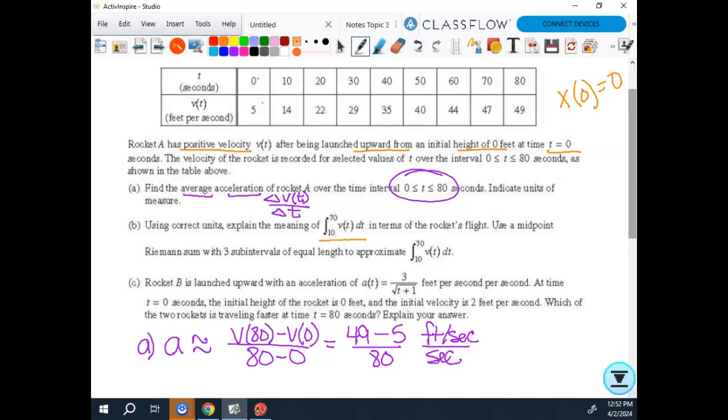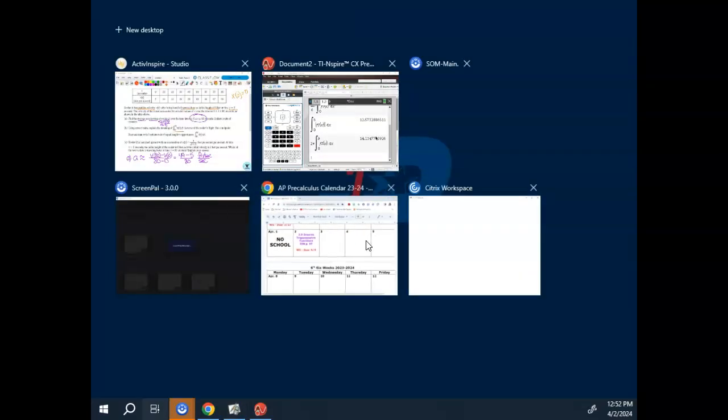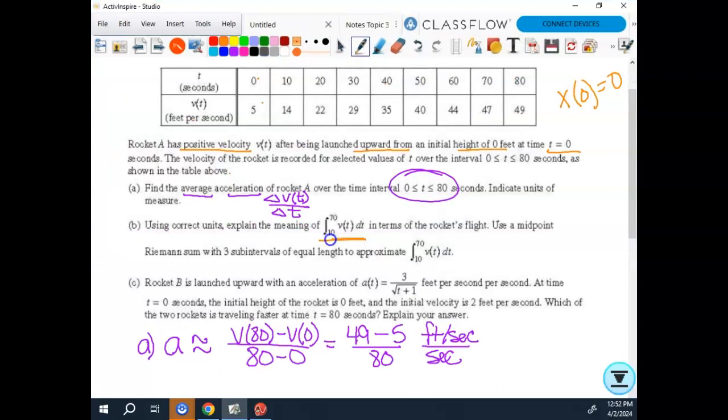Position. Okay, but this is an accumulation, an accumulation of the position between 10 and 70. So I'm getting the displacement basically from 10 to 70, the distance that it has moved. Does that make sense?